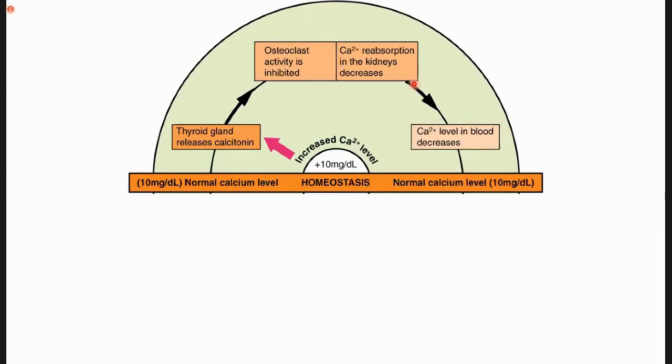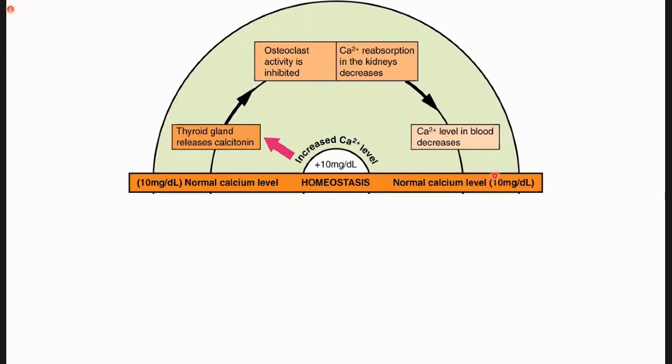When a person has hypercalcemia, the thyroid gland releases calcitonin, and calcitonin decreases the activity of the osteoclast cells and decreases the calcium reabsorption in the kidneys. That leads to a decrease in the calcium levels in the blood, and the calcium level comes to normal.